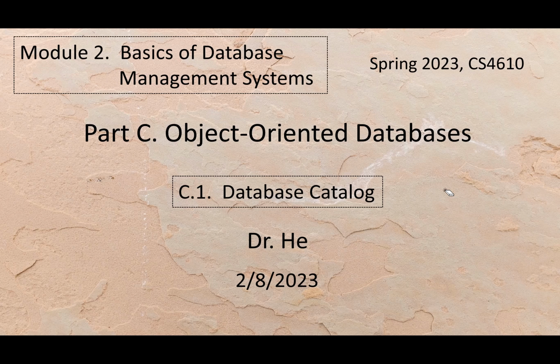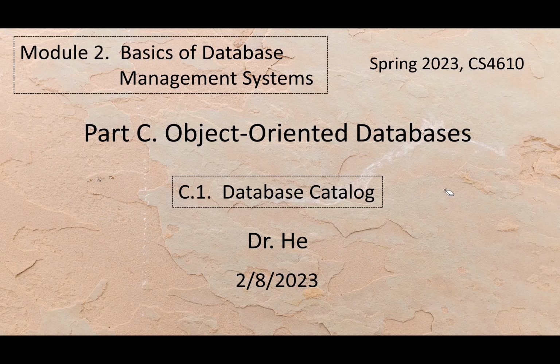But the concept is interesting. And later we will see, although this type of database management system is not quite useful in our real applications, there is another version related to this type that is very useful. So we will go there after we learn this concept.